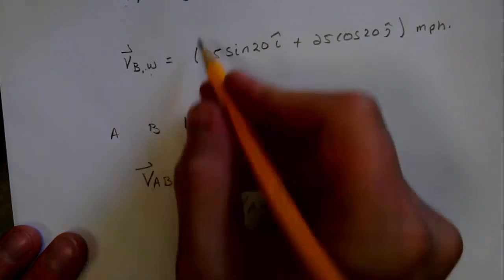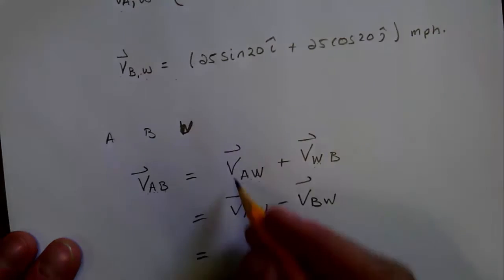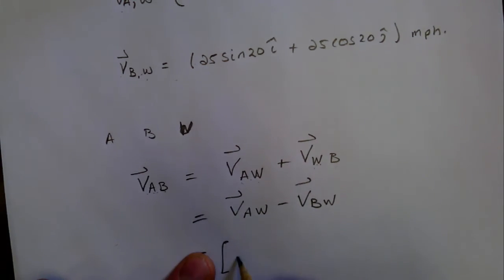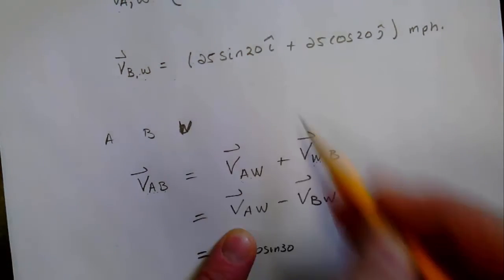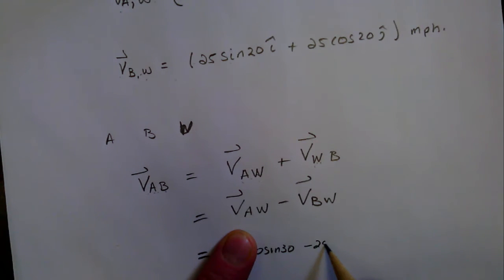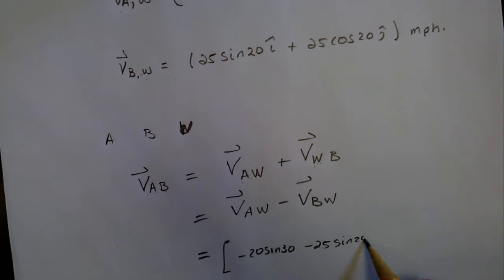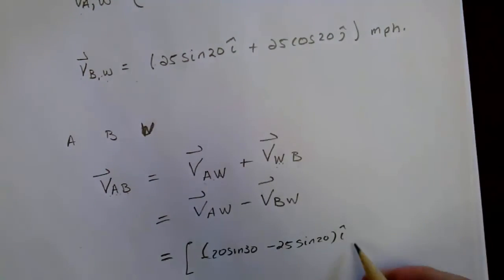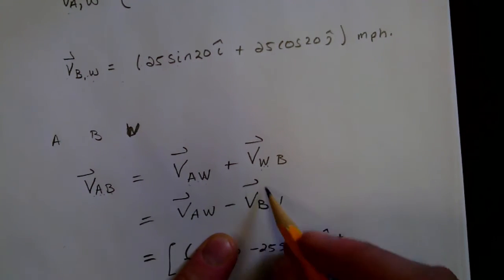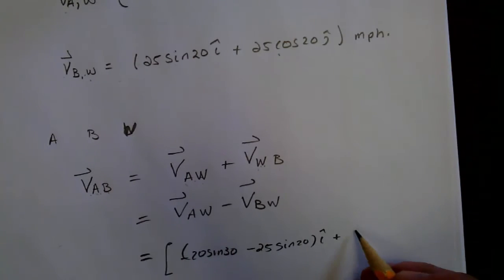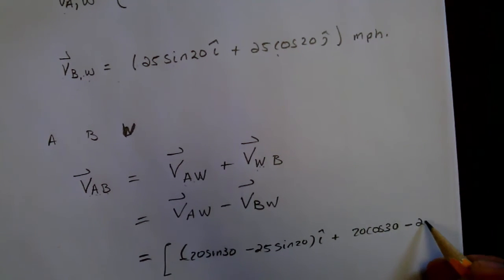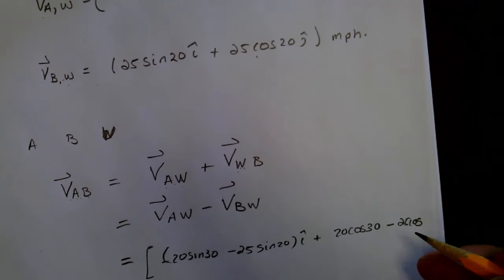Okay, so if I do these, I get that VAB is going to be minus 20 sine of 30 minus 25 sine of 20 in the i hat direction, and then in this one, plus this minus that, so that's 20 cosine of 30 minus 25 cosine of 20.